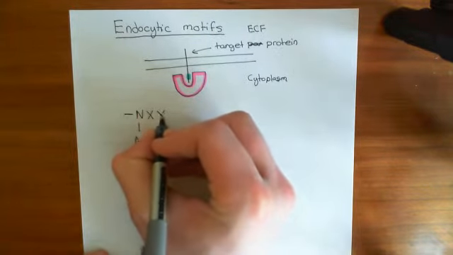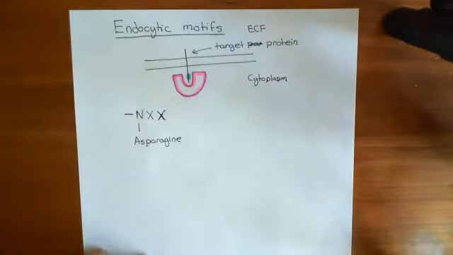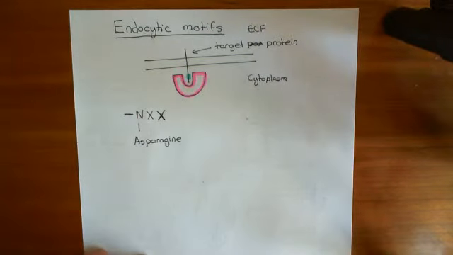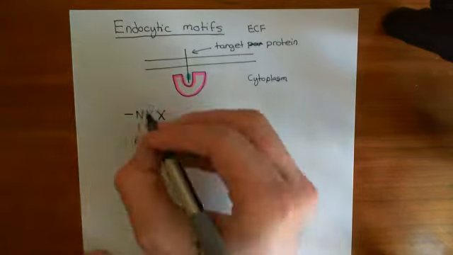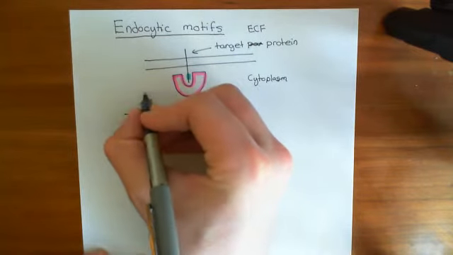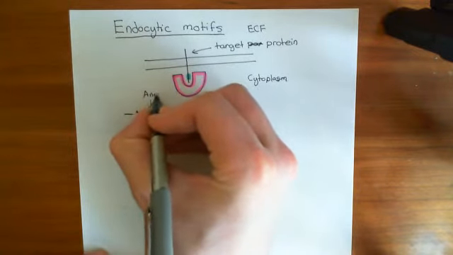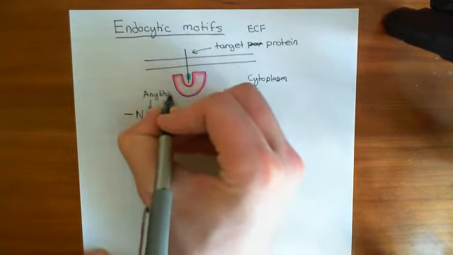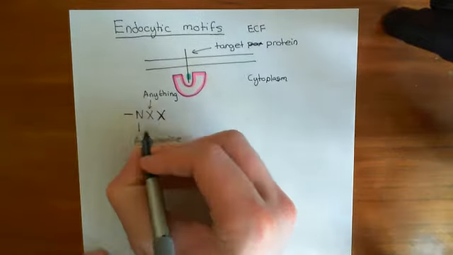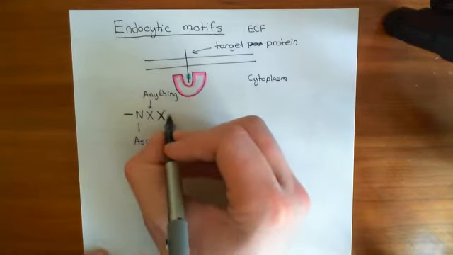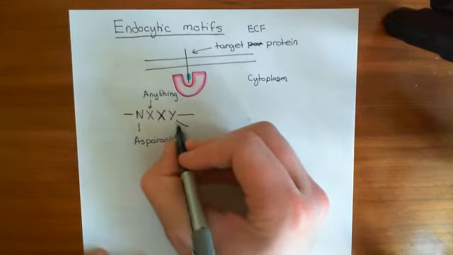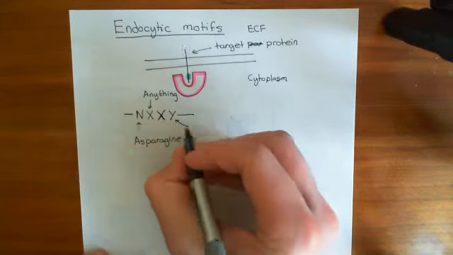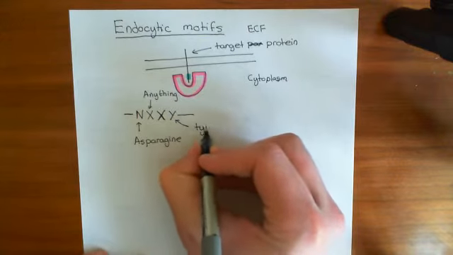In the single letter amino acid code, there is no amino acid which X denotes. So why have I written X there? Basically, this means that you can have anything in these positions. So after the asparagine, you can have anything followed by anything, and then you need to have a tyrosine, a Y. Y is the single letter amino acid code for tyrosine.